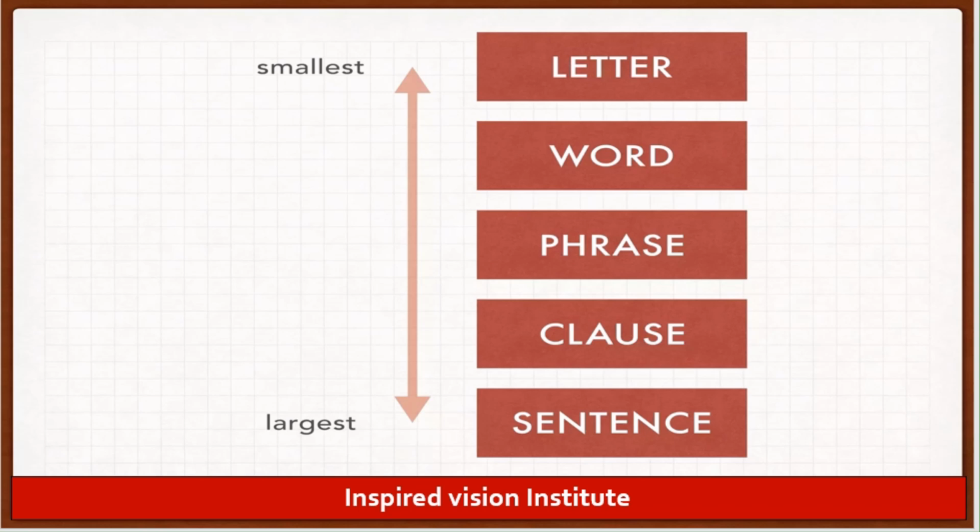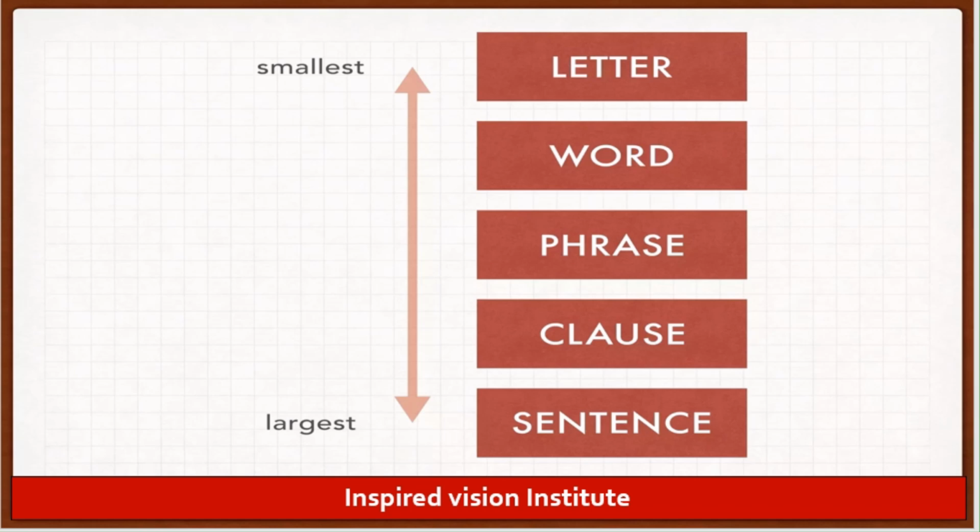So here, this slide will show you. First of all, we are talking about letters. Letters are like A till Z, the letters of English. When we go on to make words, next is words. Words come after letters. The combination of letters becomes a word.